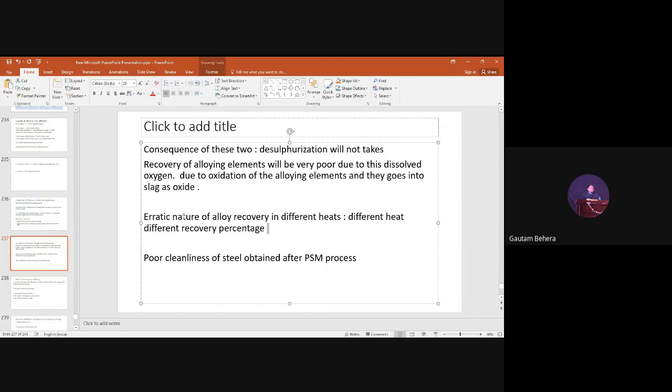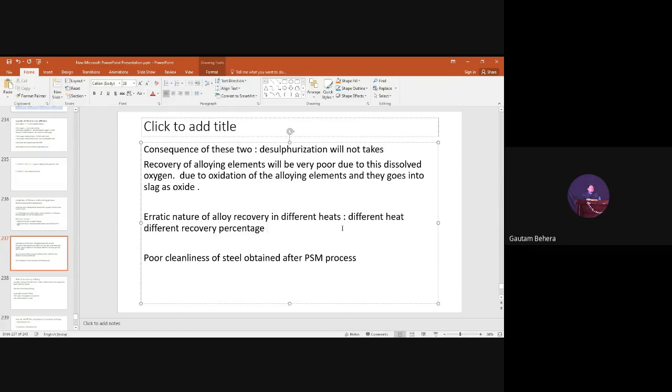Then there is another problem, erratic nature of alloy recovery in different heats. So you understand the heat. In different heats, the recovery of alloying elements will be different. So it is obviously another issue, because the customer never wants you to supply steel with different weight percentages of alloying elements.